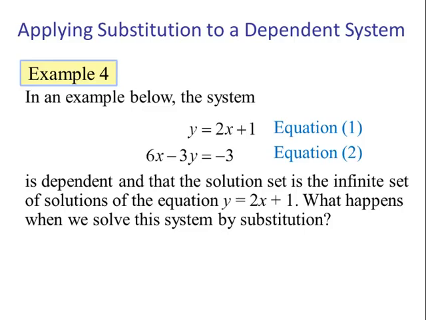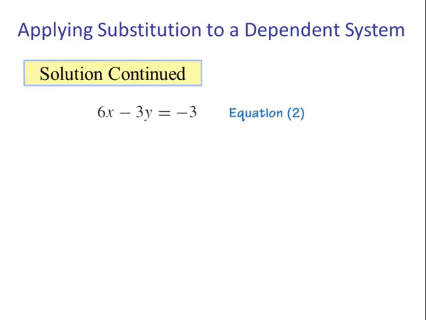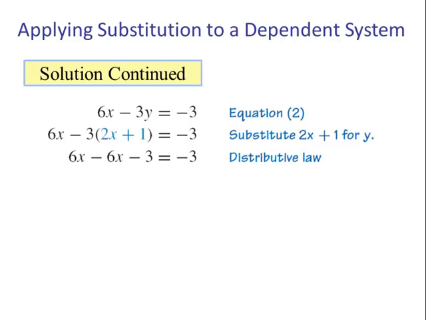Now, what would it look like if we use substitution to solve this system? If we substitute 2x plus 1 from the first equation into the second equation and solve for x, it would look like this. Now we have to distribute. So we are left with 6x minus 3 equals negative 3.